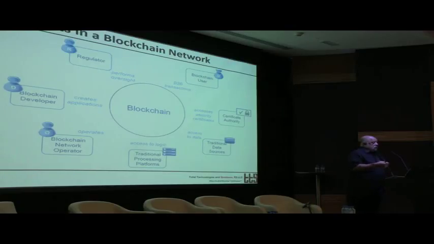The certificate authority: who's going to issue the private keys? Who's going to do the notarization? Who's going to do the time stamping? Then the blockchain developer, the architect, and the traditional processing platform, which is the hardware we're using. There are technologies out today.